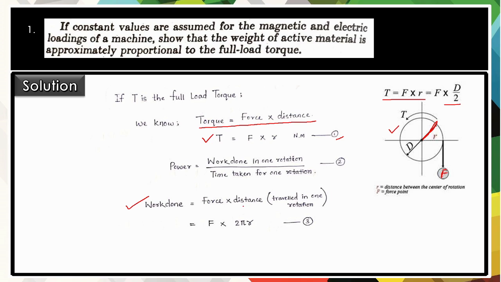And what is the distance? Distance means circular distance. If R is the radius, what is the perimeter? Perimeter will be 2 pi r. So here distance means 2 pi r. So work done equals F into 2 pi r. Let's assume it to be the third equation.